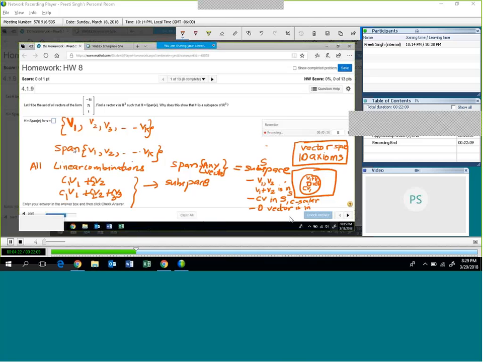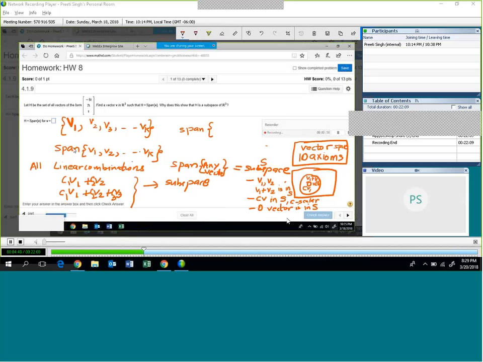So if I ask you whether this is a subspace, and I'm writing it as a span of certain vectors, it's clearly a subspace, because the way span is defined, addition is in there, scalar multiples are in there, zero vector is in there. Or you can also check these three properties. If these hold, then that set is also a subspace.